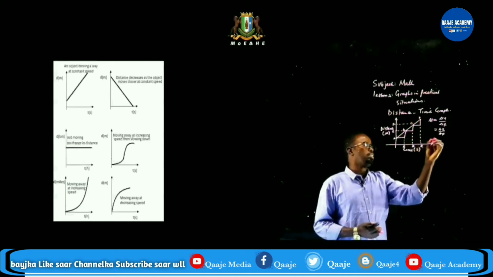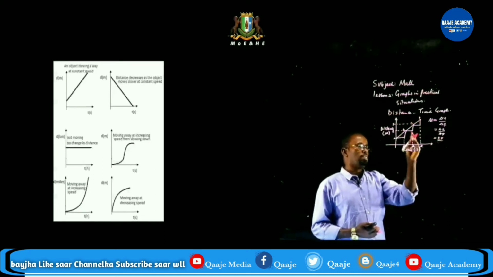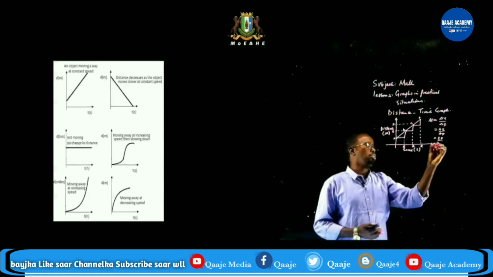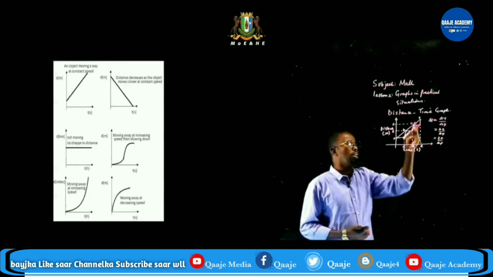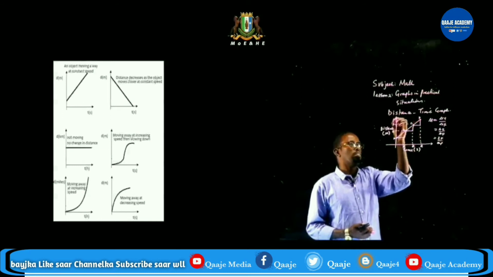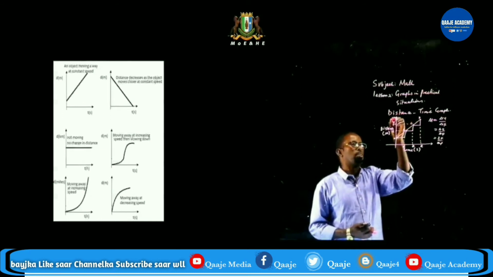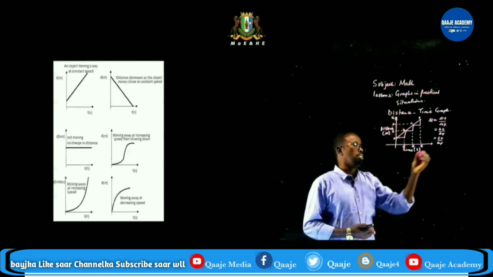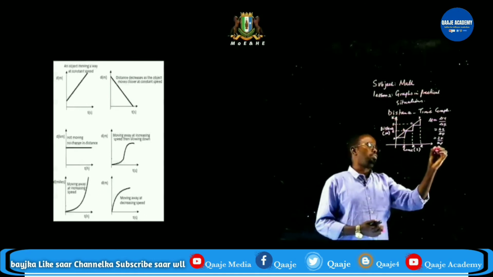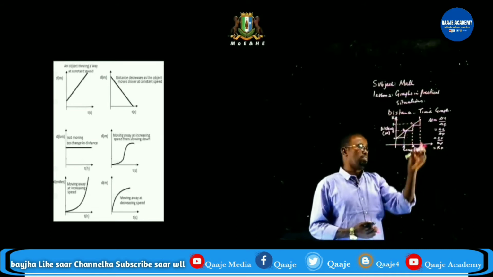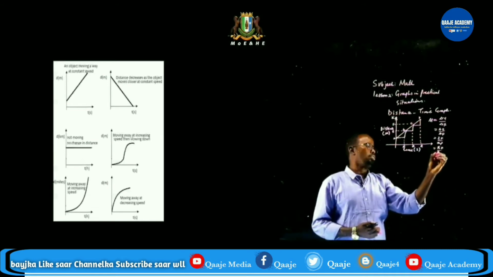The second one is EF divided by PQ or QP. The last one, let's call that point M or K. So we say KF divided by QR or RQ.